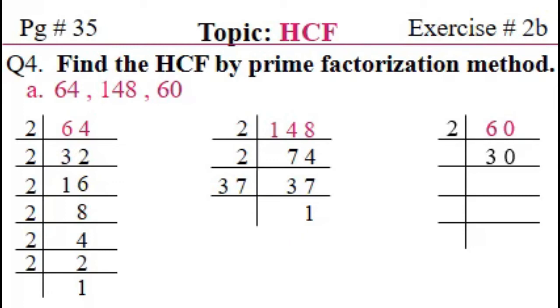Again 0 is there at one's place, which shows us that 30 is an even number and we can completely divide it by 2. 2 times 1 is 2. So what is the remainder? 1 and 0 over here become 10. So 2 times 5 is 10.